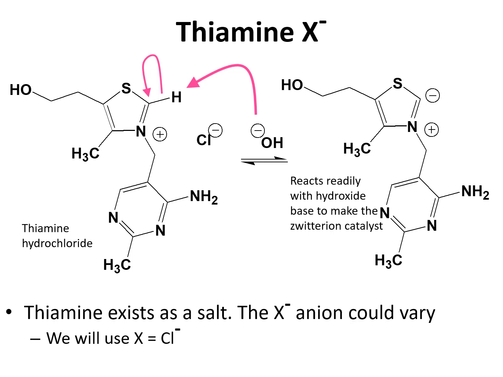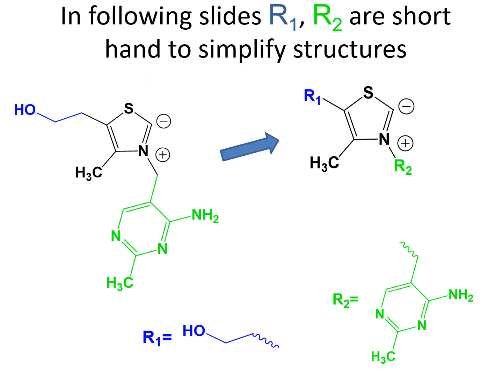That will be our catalyst source. The above mechanism is how the zwitterion is produced, and we will have a bit lengthy mechanism in the following slides.